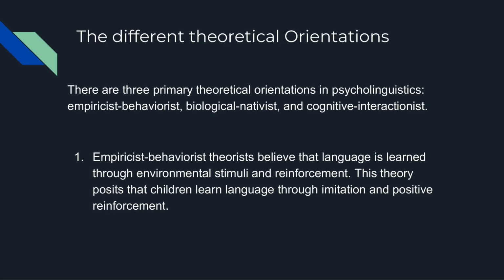Empiricist behaviorist theorists believe that language is learned through environment, stimuli, and reinforcement. This theory posits that children learn language through imitation and positive reinforcement. This is nothing but people learning the language of the environment they are living in.